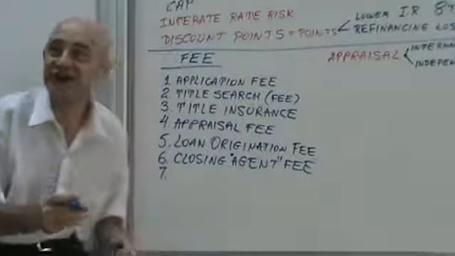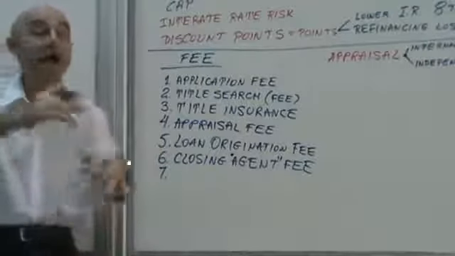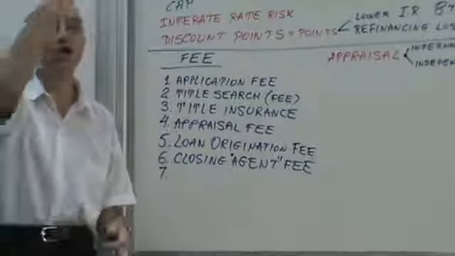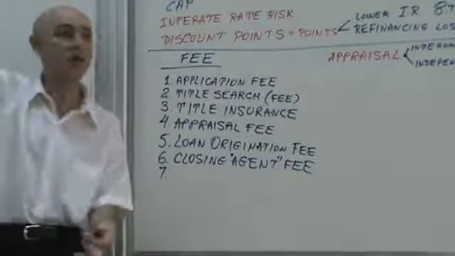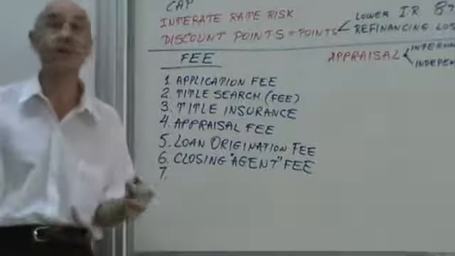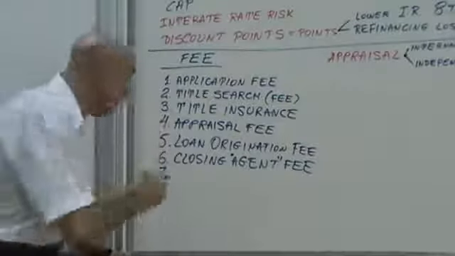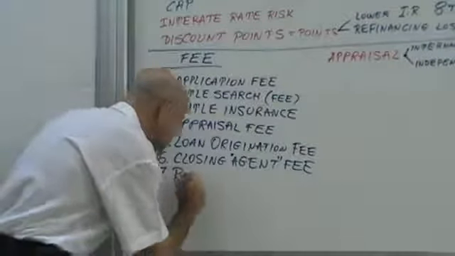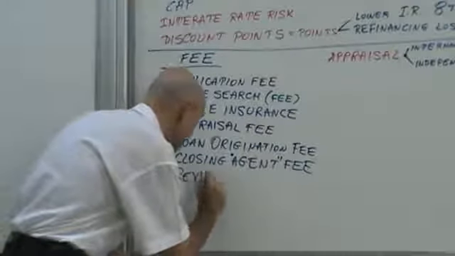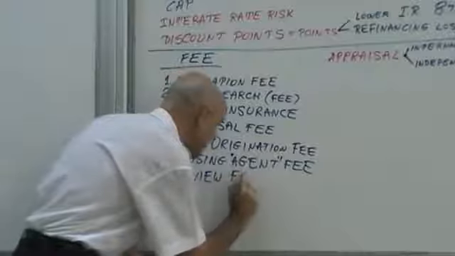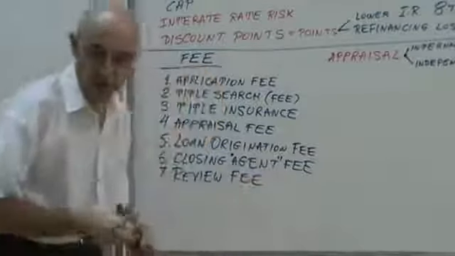So everything's done, the bank will say, well, now we got to review everything. All the paperwork, all the documents. They got to have a long list that everything's filled out correct and proper and all the other stuff. So they're going to say we need to charge another $50 for the review. And that's going to be yet another fee, review fee.